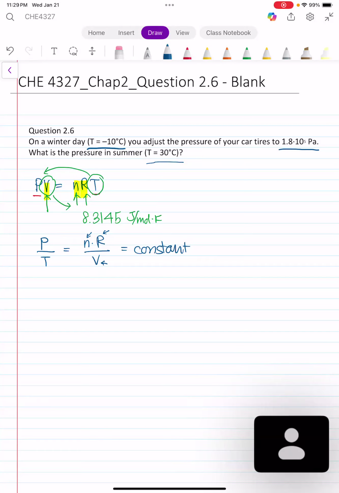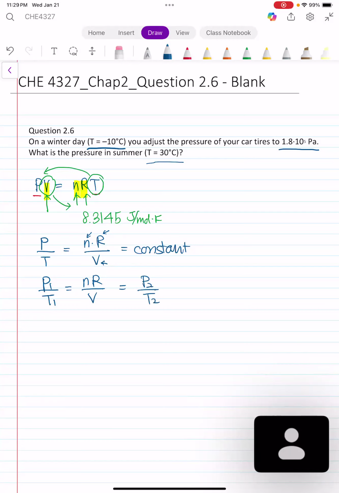Now, let's say the first pressure and temperature are P1 and T1, and the second pressure and temperature are P2 and T2. We can say that P1 over T1 is equal to nR over V, and that should be equal to P2 over T2, right?